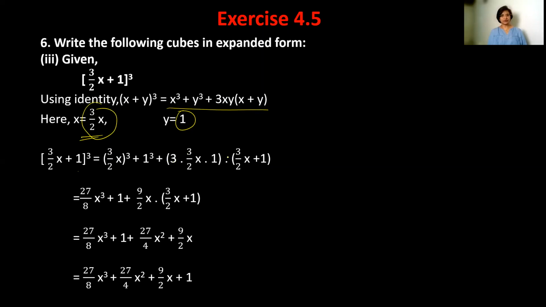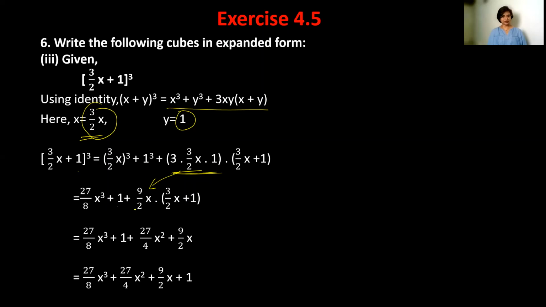So now you will multiply this thing. After multiplying this, we will get 9 by 2x, since 3 3s are 9, by 2x into 1. 1 will remain the same, because when you multiply any value with 1, the value will remain the same. So 9 by 2x into 3 by 2x plus 1. So 27 upon 8 x cube, and 1 cube will become 1.